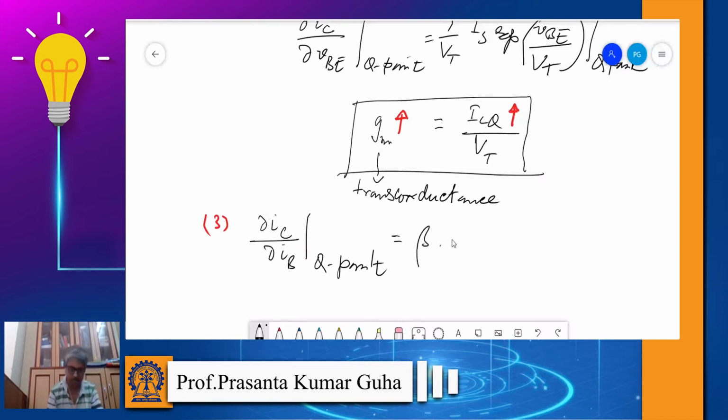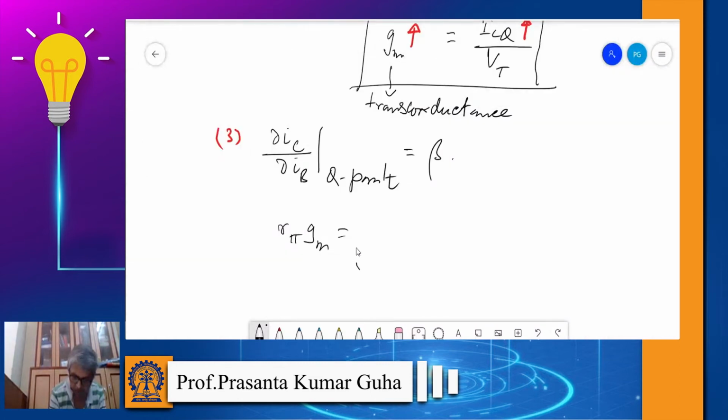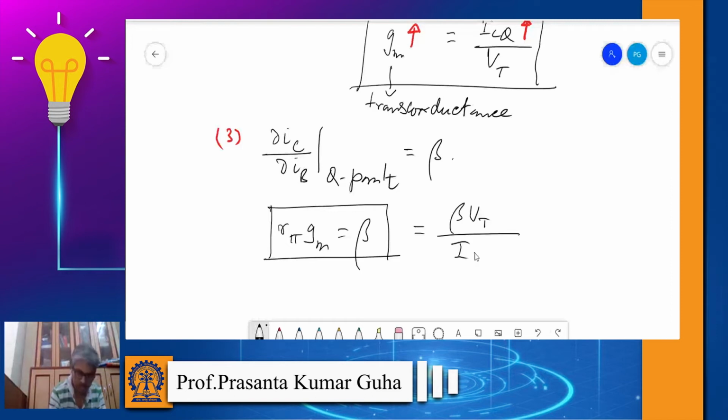Okay, so we can relate these three parameters, and often we will use this particular relation, because you see R pi is equal to beta VT over ICQ, and GM is ICQ over VT. So that's basically giving you beta.